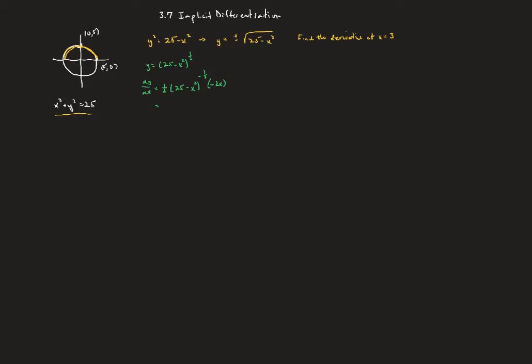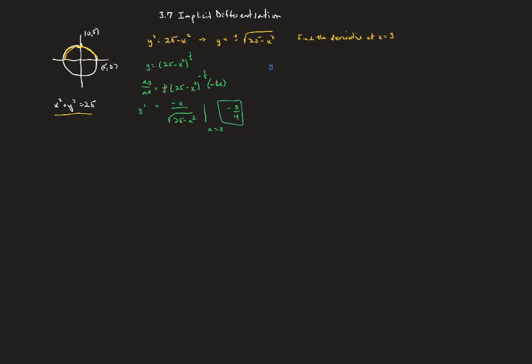The 2 and the 1/2 and the negative 2x cancel each other out, so we get negative x over the square root of 25 minus x squared. I'm just going to call that y prime. If we evaluate that at x equals 3, 3 squared is 9, 25 minus 9 is 16, and the square root of 16 is 4, so we get negative 3/4. So that's one of our derivatives.